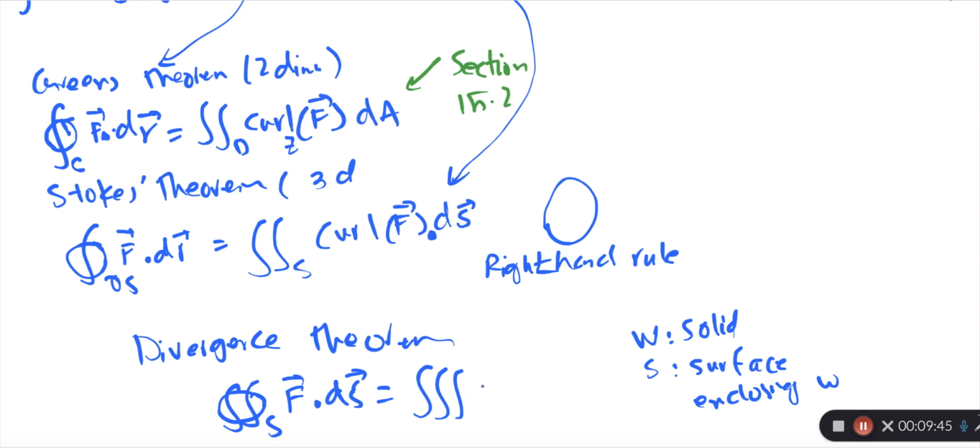What is that? That's the divergence of f dV over W. So this one is section 15.3.